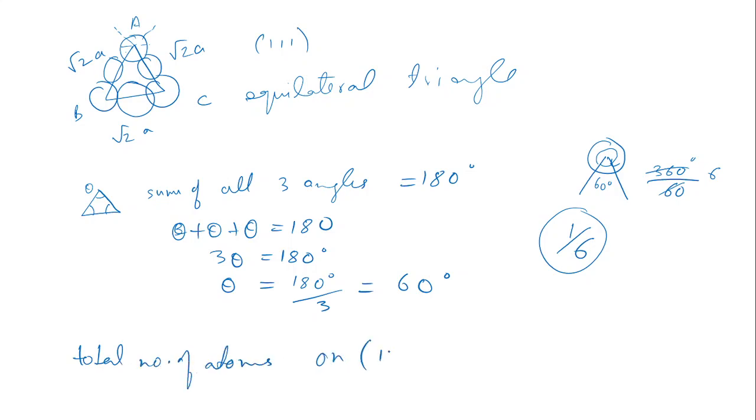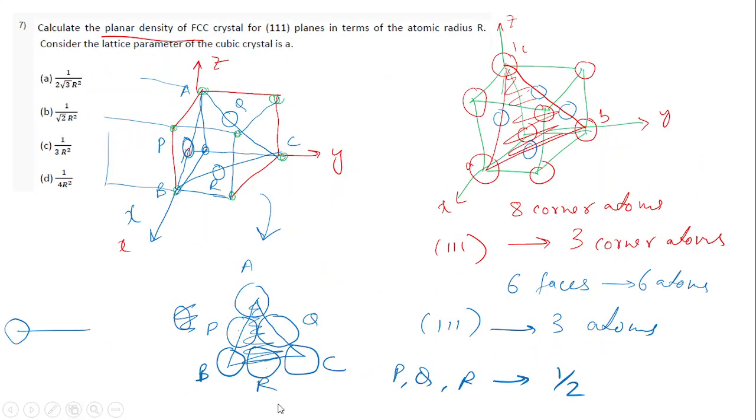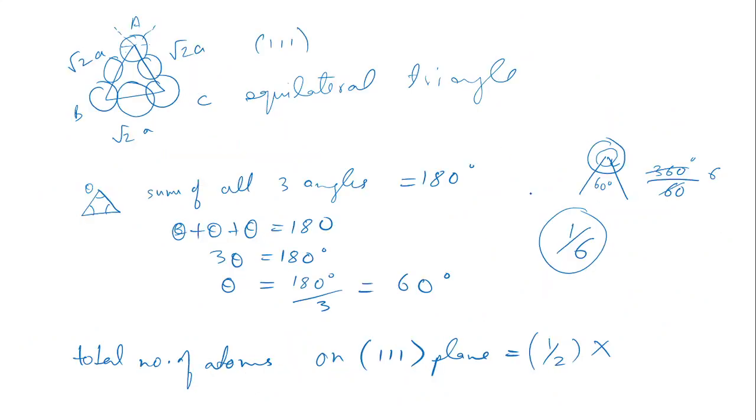on this 111 plane is, so contribution from face atoms is half, and we have how many face atoms? We have this P, Q, R, 3 face atoms. Plus contribution from corner atom is 1/6, and we have how many corner atoms?